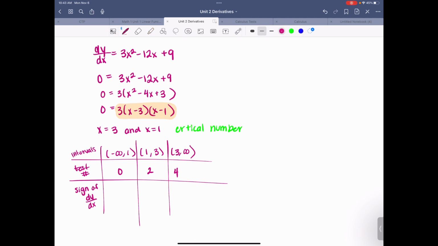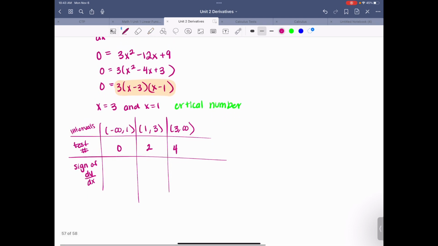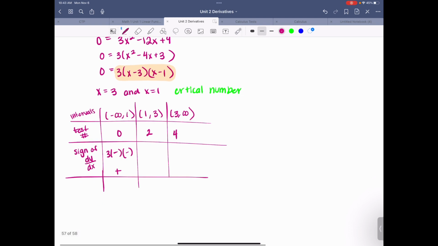If I plug in 0, I get 3 times 0 minus 3, which is a negative number, and 0 minus 1, which is also a negative number, which means that the derivative is positive on that interval from negative infinity to 1.